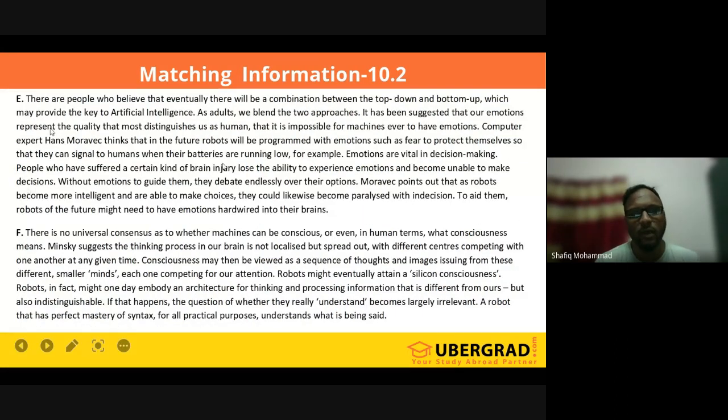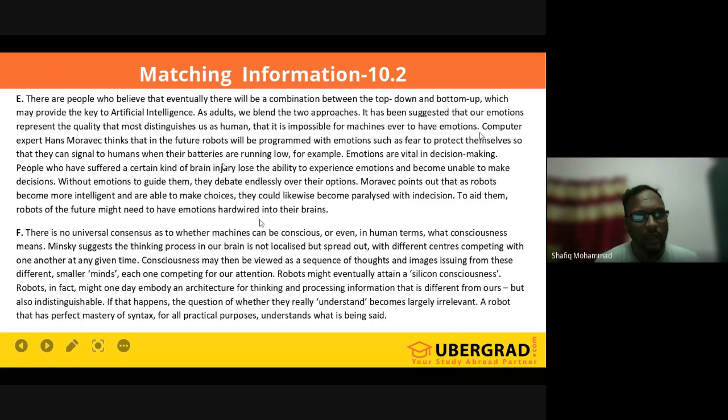Okay. Then let's go to the E paragraph. What is it talking about? There are people who believe that eventually there will be a combination of the top-down approach and the bottom-up, which may provide the key to artificial intelligence. As adults, we blend the two approaches. It has been suggested that our emotions represent the quality that most distinguishes us as humans, and that it is impossible for machines to even have emotions.